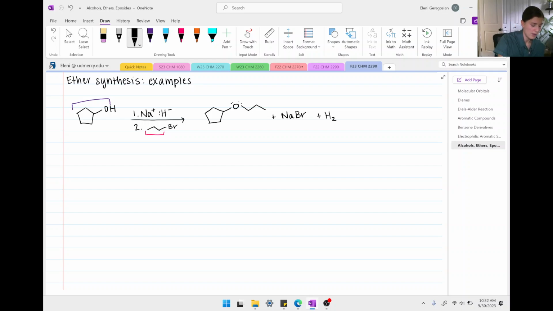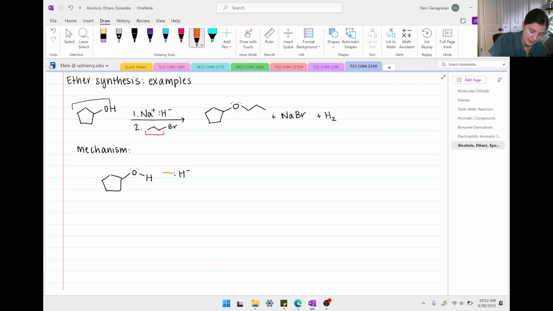Now, if we're asked to draw the mechanism, we can certainly do that. So let's do the mechanism down here. We have the alcohol in the presence of a strong base. So that means that the alcohol is going to act as the acid and donate a hydrogen.